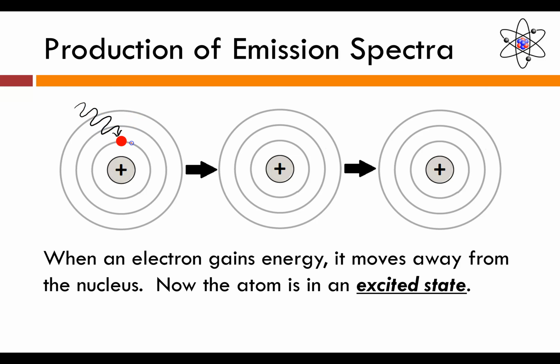Depending on how much energy it absorbs, it might bump up just 1, maybe 2, maybe so many energy levels it doesn't even belong to the atom anymore. But we'll assume it's just 1. In this middle Bohr model, the atom is in the excited state. The electron is not as close to the nucleus as it could be. It's excited.